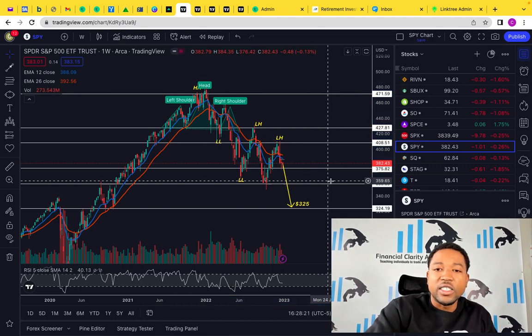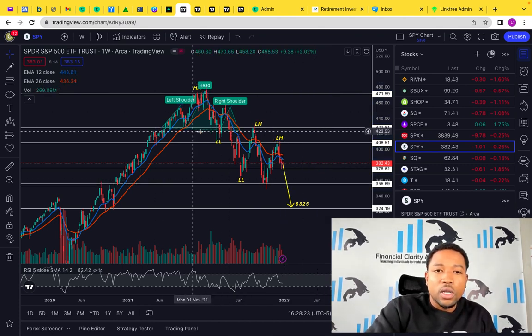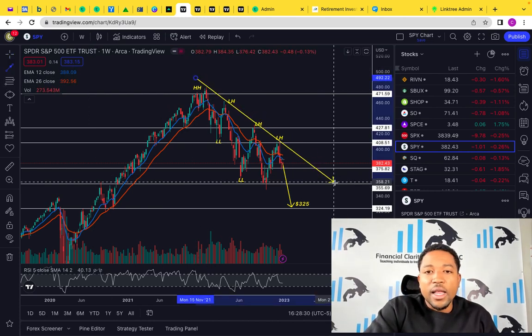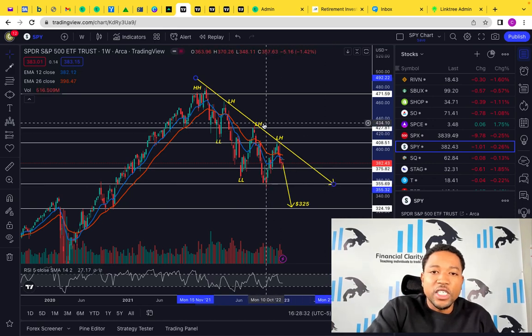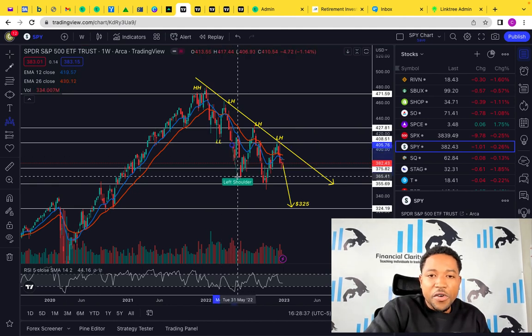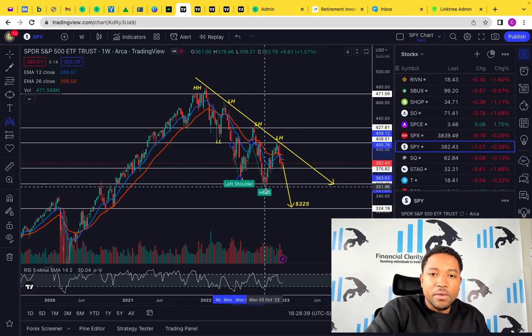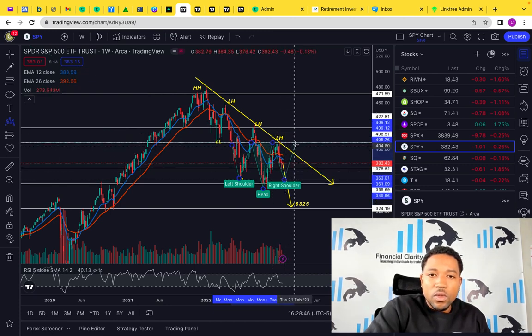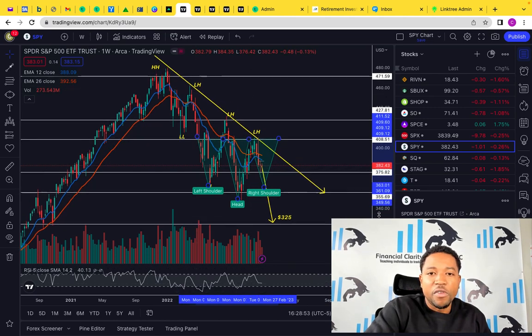So let's look at scenario 2 now. Scenario 1 is we keep going down to the 61.8, right? Scenario 2, this is also a 30% chance of happening. I just said the market doesn't bottom without creating a pattern. We started to create an inverse head and shoulders pattern with this chart. An inverse head and shoulders pattern is a reversal pattern found at the bottom of a bear market.